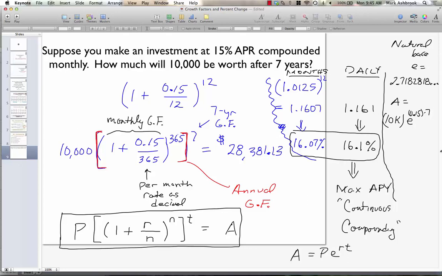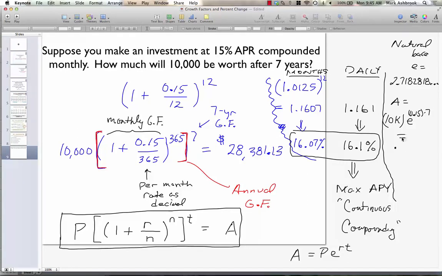Second ln, which is on the left side of the calculator, down towards the numbers. Second ln will give you E and a caret, and then in parentheses, you're going to put 0.15 times 7, and it should be very, very close to the result that we got when we did daily.